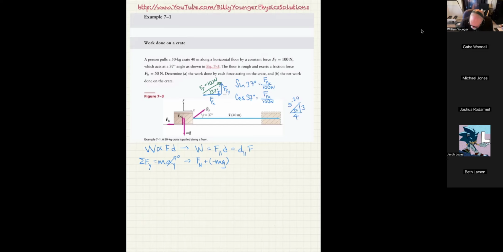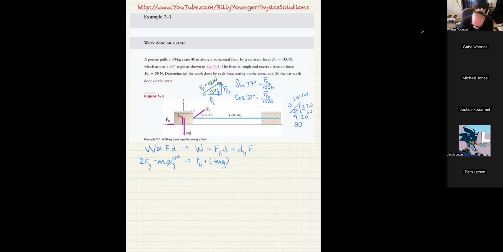But if I multiply 5 by 20, then 3 needs to be multiplied by 20, and 4 needs to be multiplied by 20. So we get 100 for this one, we get 60 for this one, and we get 80 for this one. So we can immediately tell that, for instance, the x component of FP is going to be 80 newtons, and the y component of FP is going to be 60 newtons. That way I don't have to use the calculator or trigonometry or anything like that, or remembering anything.